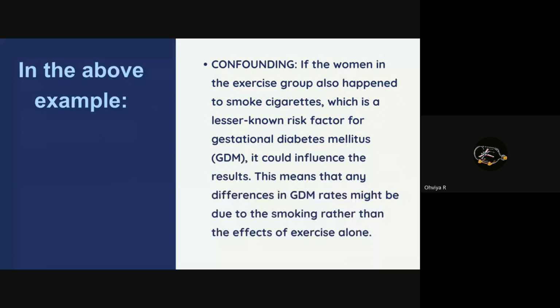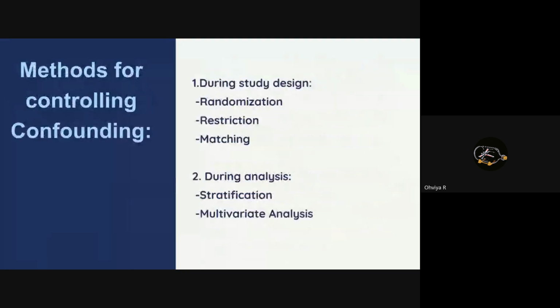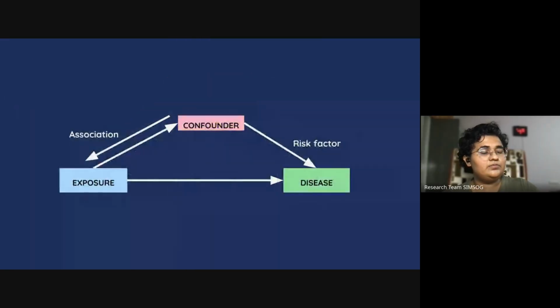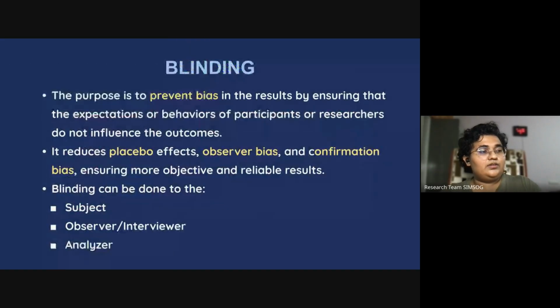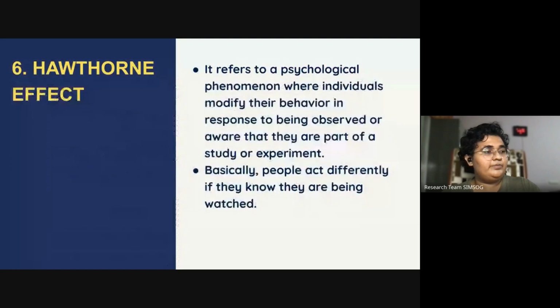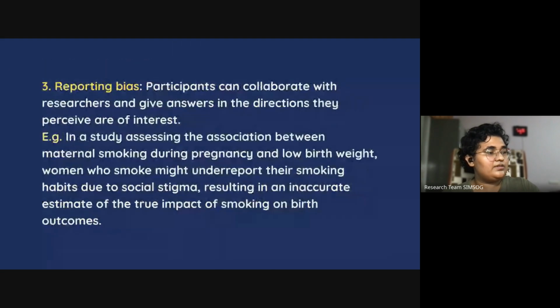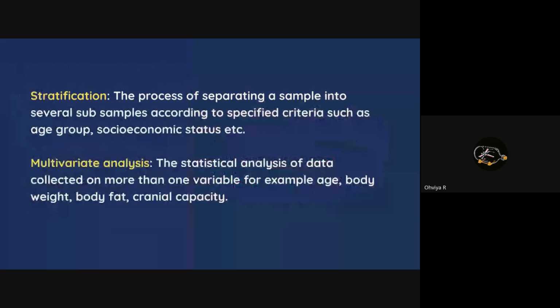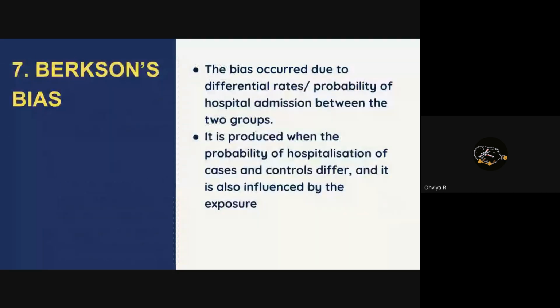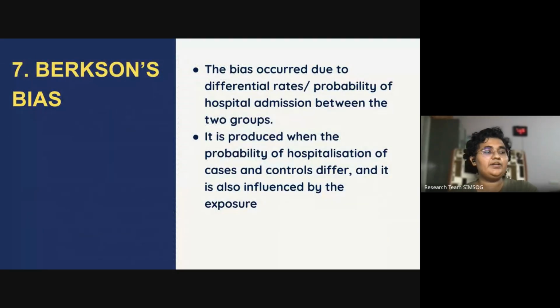Wasn't there some kind of bias where the rate of hospitalization or the checkups would be different for the two different groups? Yeah, that was Berksonian bias, because of different rates of hospitalization.